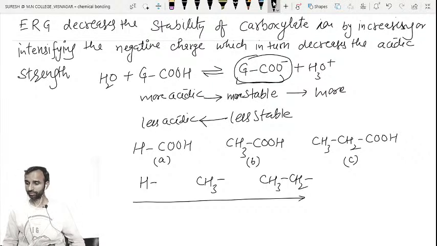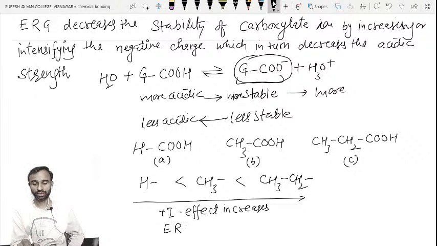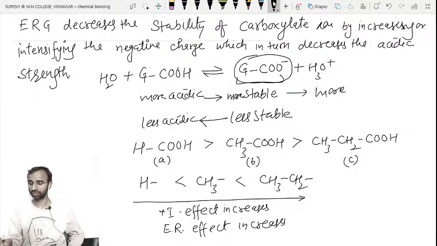Yes, very good. A, because plus I effect increases. Ethyl is more electron releasing than methyl, which in turn is more than hydrogen. Means electron releasing effect increases, so acidic strength decreases.